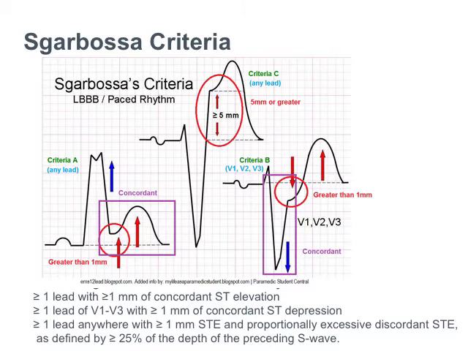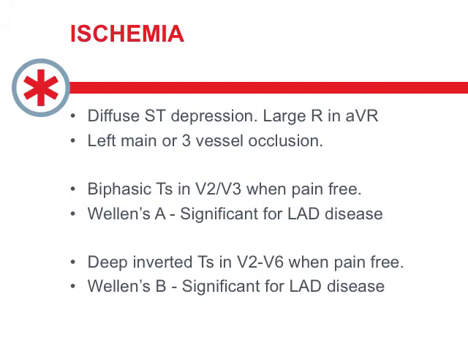This really comes into play in those V2 and V3 leads often, where you've got ST elevation and that's normal. So what you're going to say is if it is more than 25% the height of that S wave, then you've got trouble. So that's the Sgarbossa criteria. The easiest thing to remember: concordant changes bad, and then really giant discordant changes over 25% of the height, then we've got a problem. So that's the wrap up of our ischemic changes we have to identify.